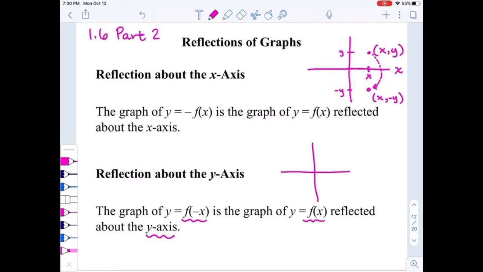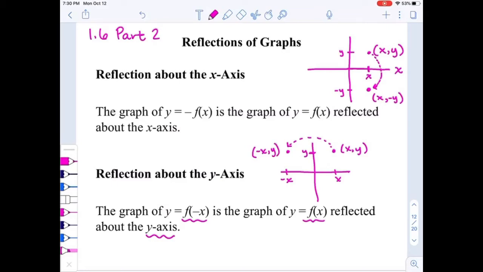So in this case, if we were to pick a point, again I'm sticking with x, y, some value over x and some value up y. If we now reflect that about the y-axis, that means we are no longer at positive x, we're over here at negative x, and we're still up at the same positive y value. So we now have negative x, positive y.